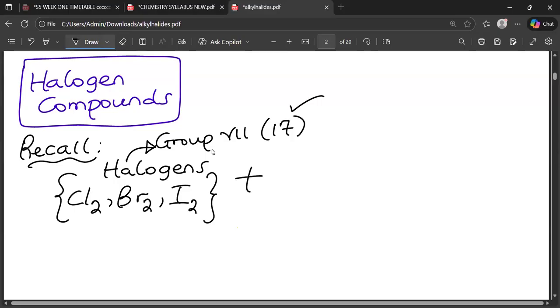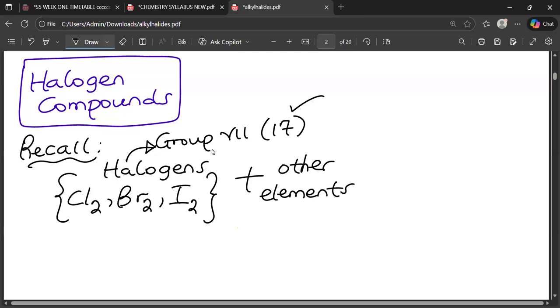When these ones react with other elements, I don't know whether you people remember senior one work, elements, compounds, and mixtures. They told you that elements are on their own, existing on their own. Then mixtures, you're adding things physically, you're not forming any chemical compound.